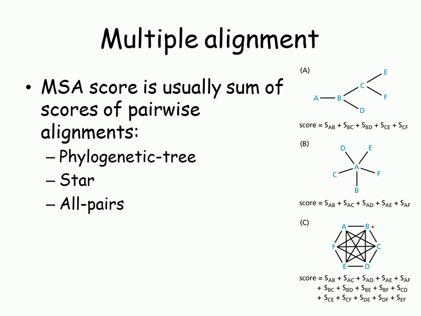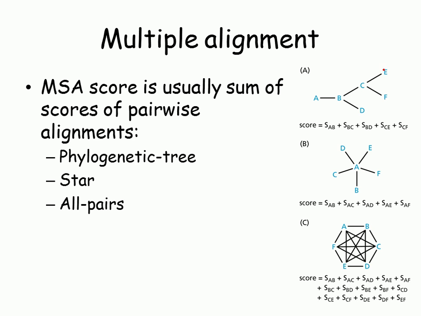So how do we generate multiple alignment? We can do that by repeating the pairwise alignment of two sequences. But now, instead of aligning a sequence to a sequence, we also need the ability to align a sequence to a set of sequences and a set of sequences with another set. So we need to develop a strategy of order of alignments.